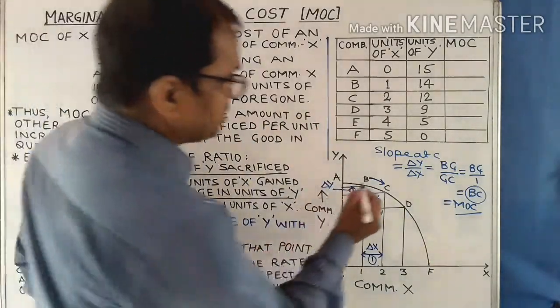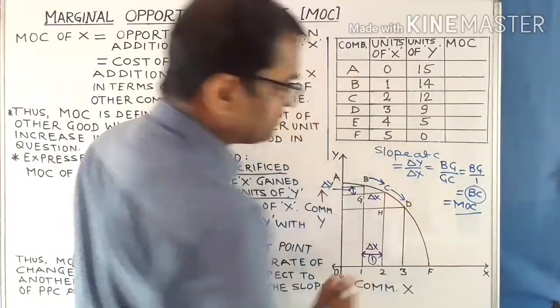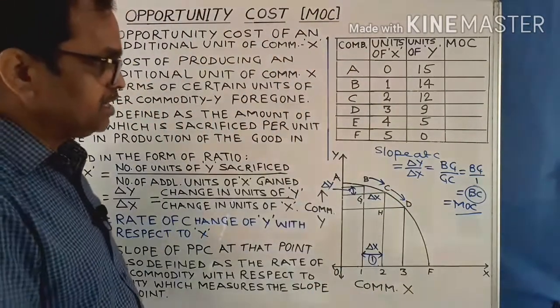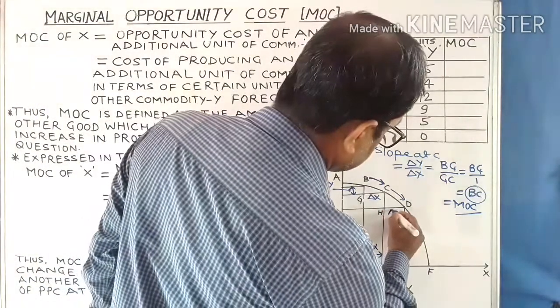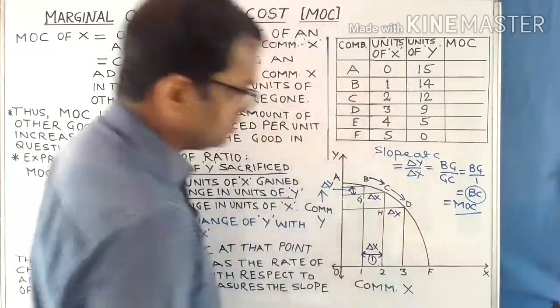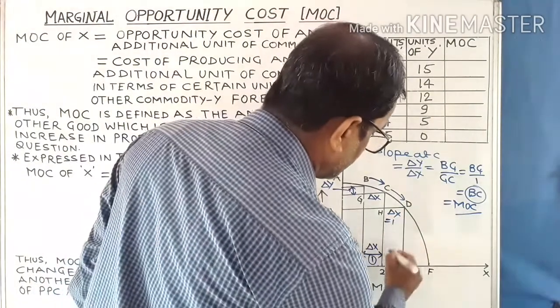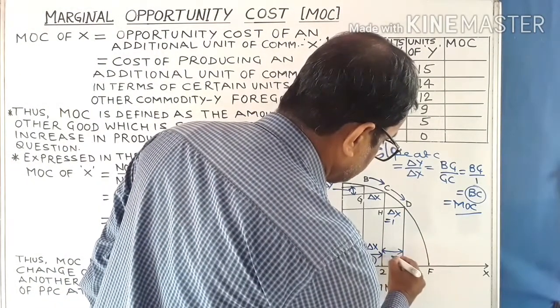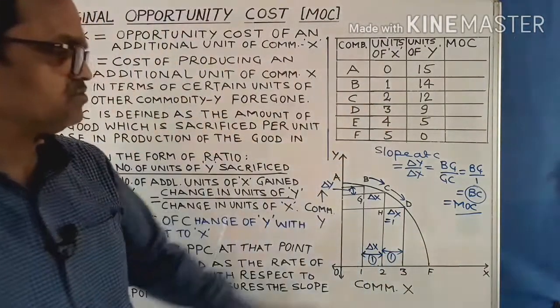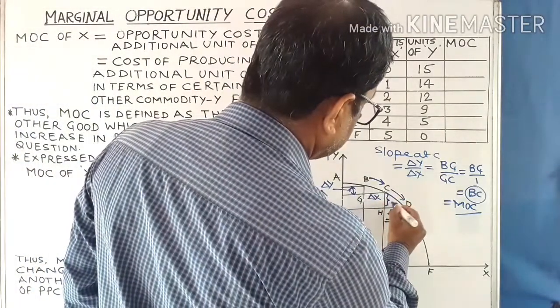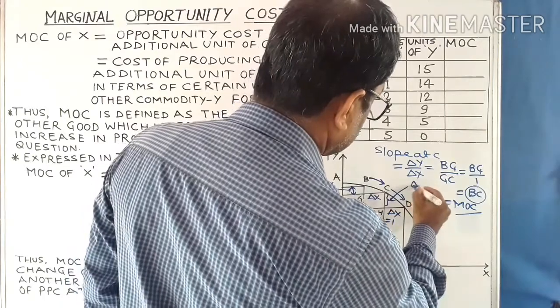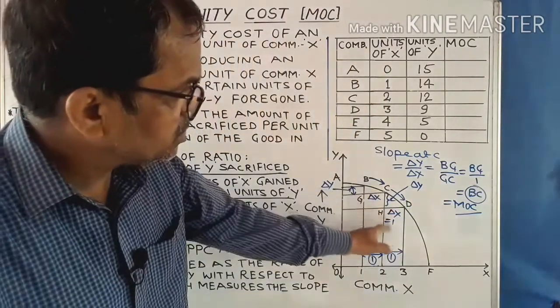Now when the economy further shifts from C to D, what is the observation here? This is the delta X, that is DH, and this is also equal to 1 unit. And this is delta Y, which is equal to CH.